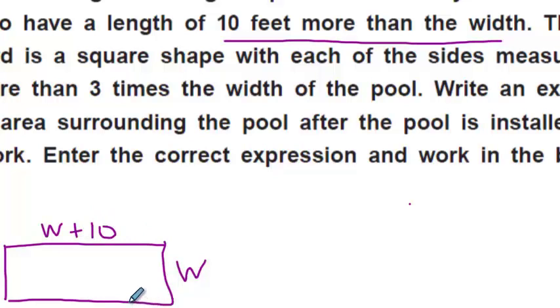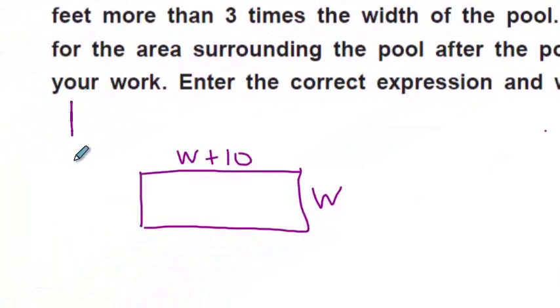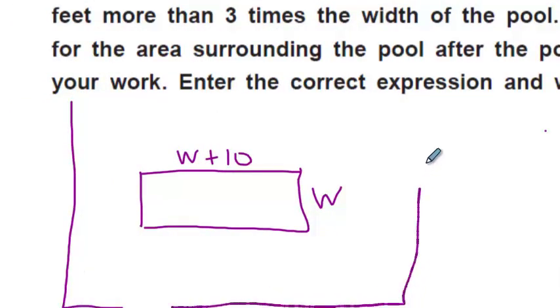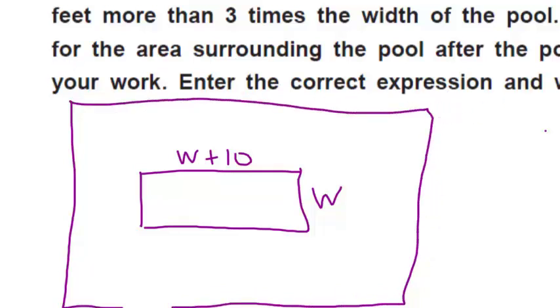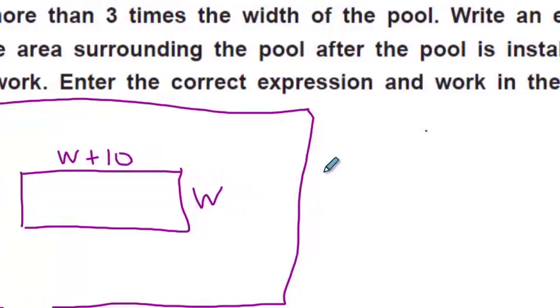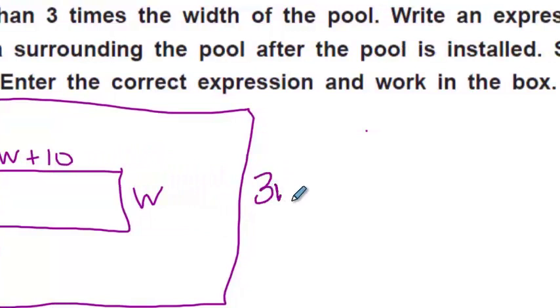Okay. The backyard is a square shape. So inside of the backyard it's a square. And it says that each of the sides measures 5 feet more than 3 times the width. So 3 times the width plus 5.